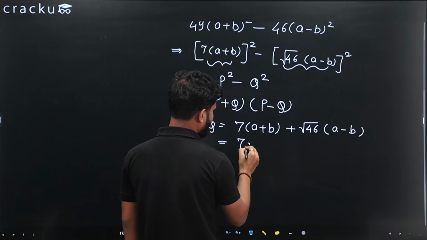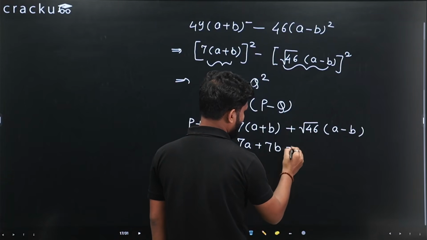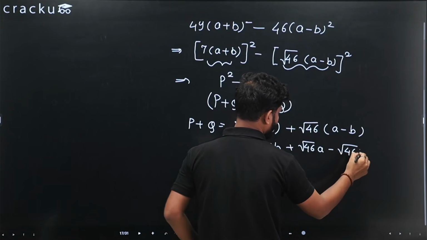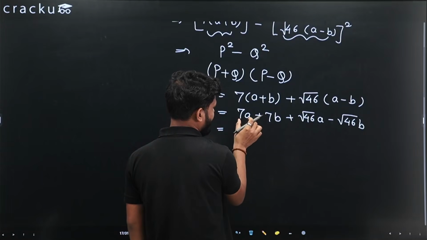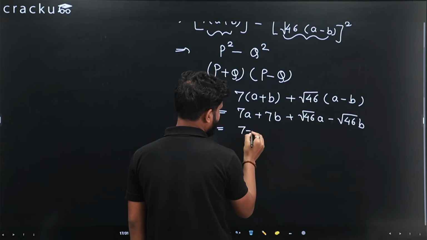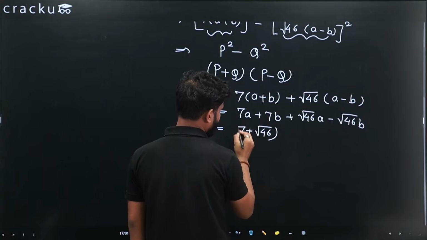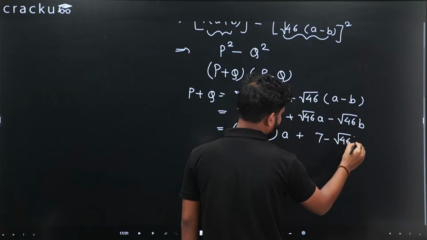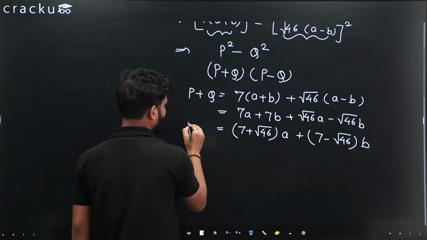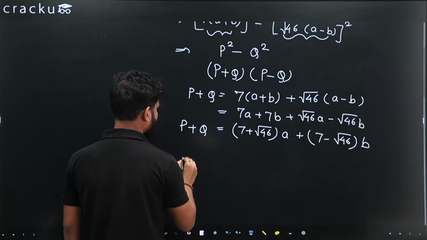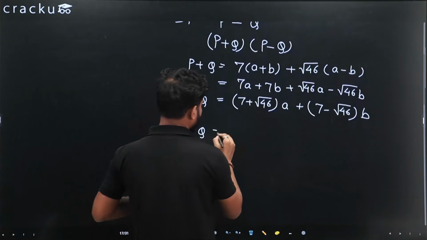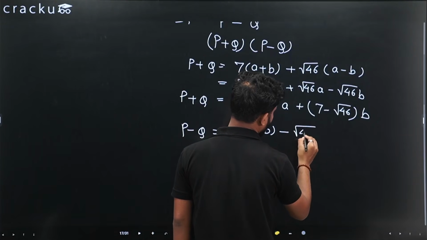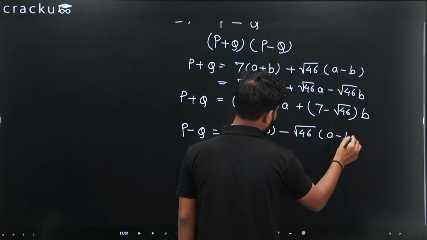So this will be 7A plus 7B plus under root 46 A minus under root 46 B. Or from here I can say, if I combine A, I will get (7 plus under root 46) A plus (7 minus under root 46) B. This is the value of P plus Q. What is P minus Q? It is nothing but 7 into (A + B) minus under root 46 into (A − B). So this is what?